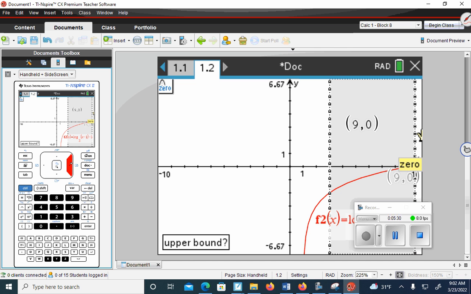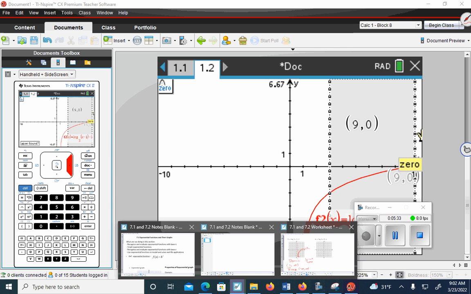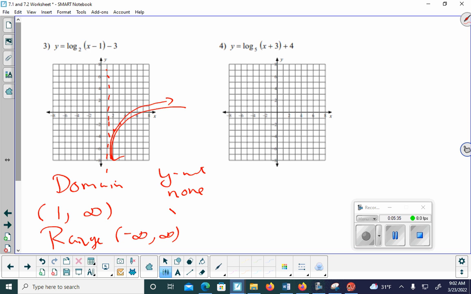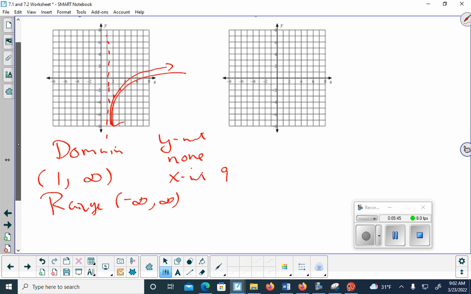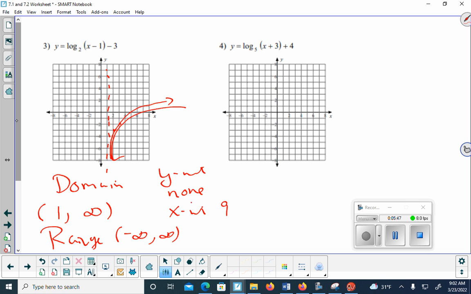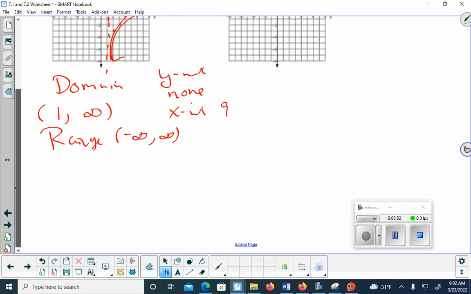So that's how I'm going to find my x-intercept, and my x-intercept is going to be (9, 0). You should have been able to solve that too. Realistically, you should be able to solve that. I could put 0 in for y, and then I would have 0 equals log base 2 of (x minus 1), minus 3.